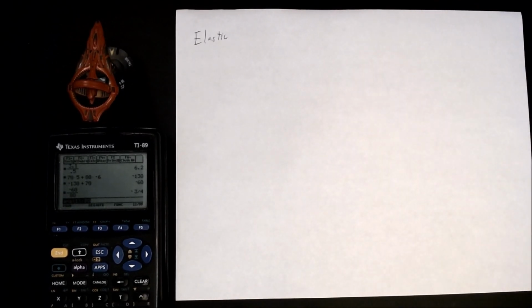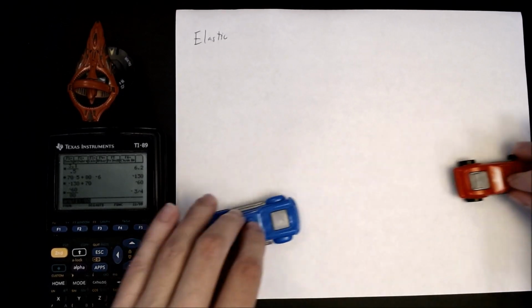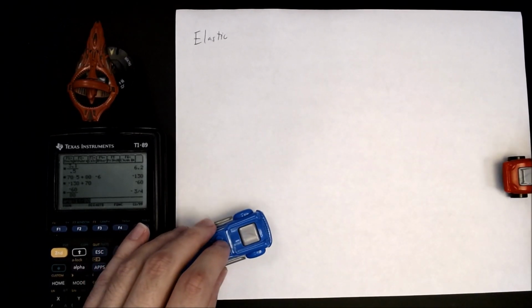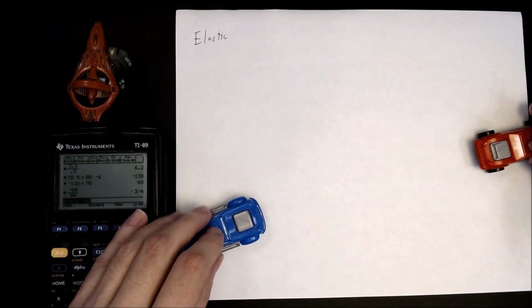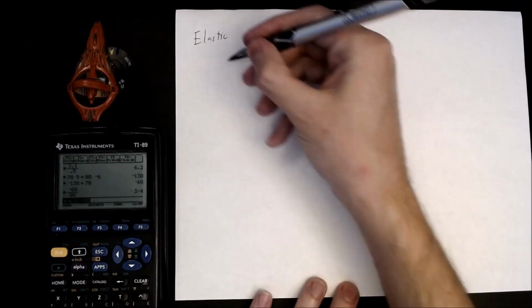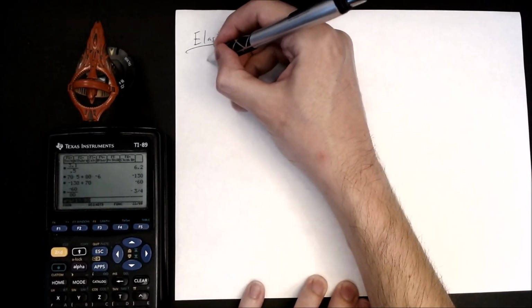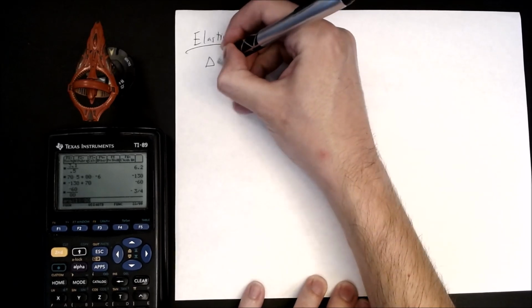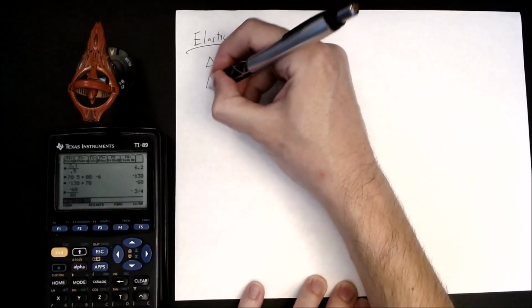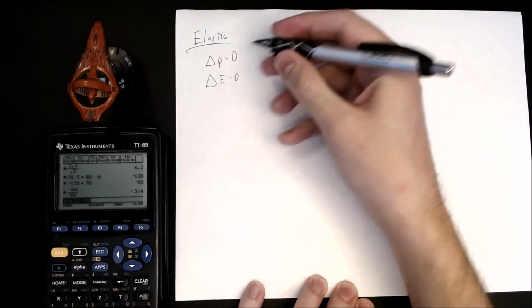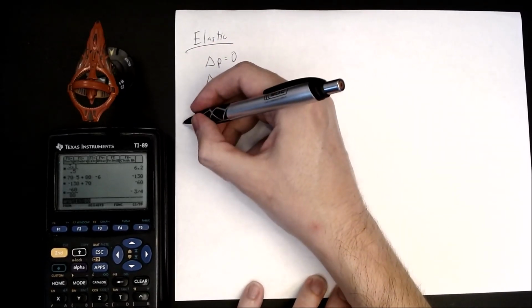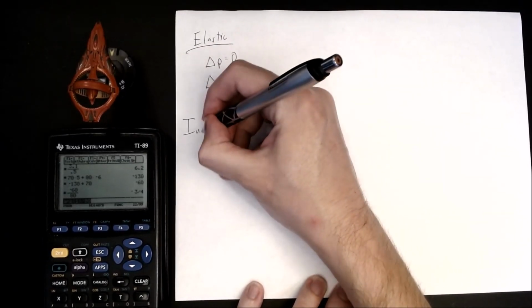Objects will bounce off of each other perfectly, and energy will be conserved and momentum will be conserved in their collision. So for elastic collisions, we've got delta P is equal to 0, and we've got delta E is equal to 0.